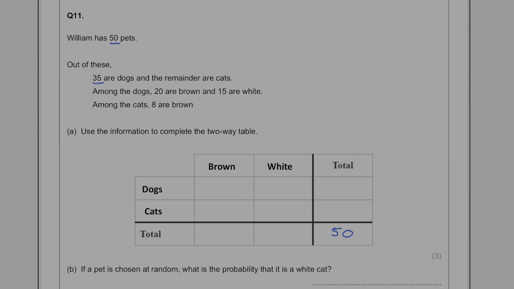So 50 total, 35 dogs. Among the dogs, 20 are brown, 15 are white. So 20 and 15. Among the cats, 8 are brown. Okay, so that's all the information from the question.